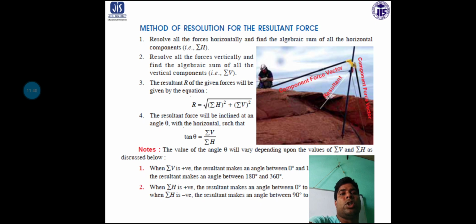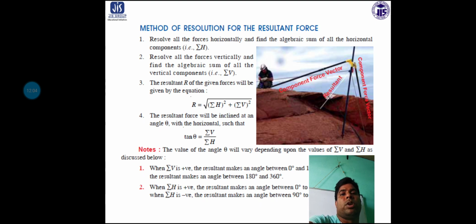Next point, resolve all the forces vertically and find the algebraic sum of all the vertical components. Similarly V1, V2, V3, up to Vn. So in these cases we first find the values of V1, V2, V3, and then the summation of V is equal to the sum of all the forces acting vertically.